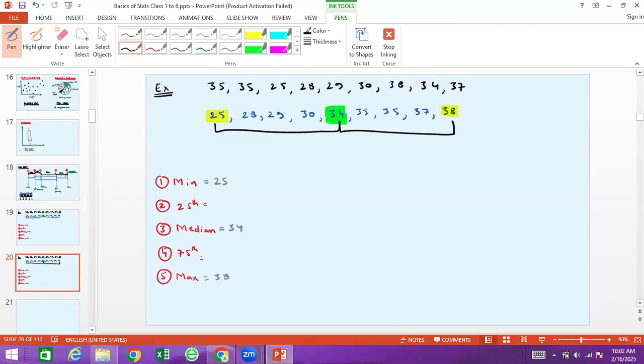The middle value of 25 to 34 is nothing but 29. And the middle value between 34 to 38 is nothing but 35. So my 25th percentile is going to be 29, and my 75th percentile is going to be 35.